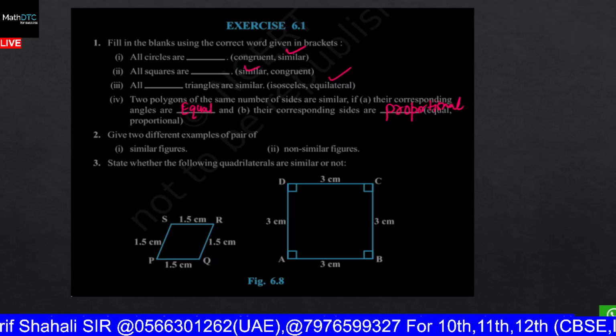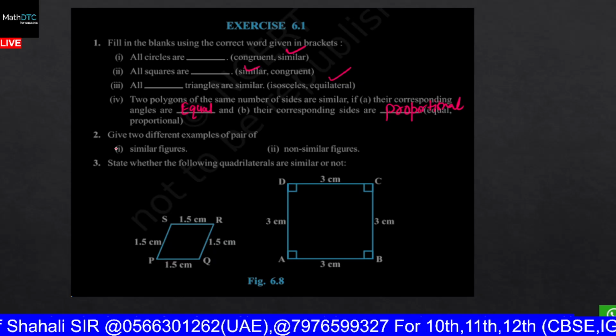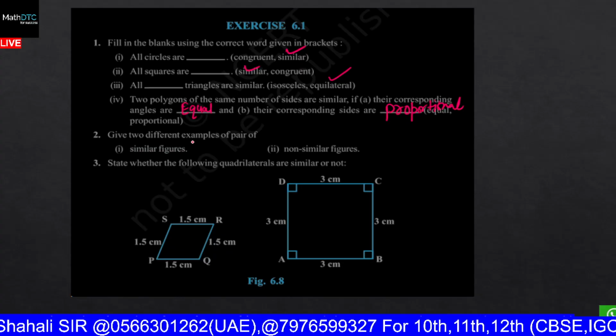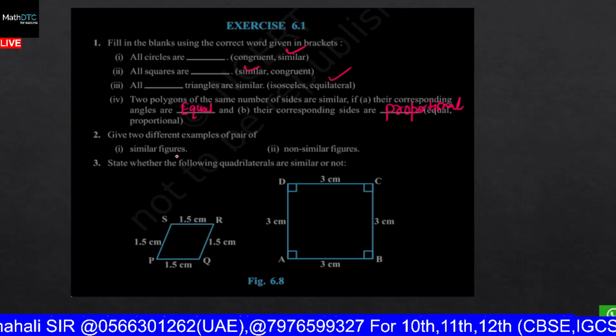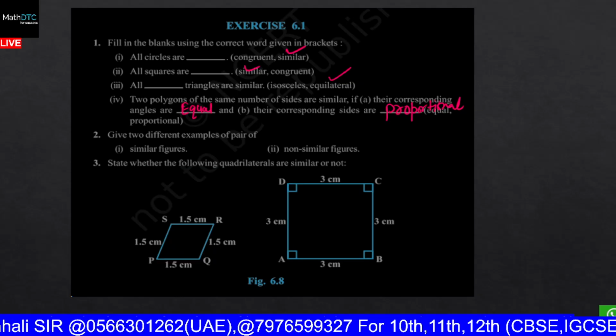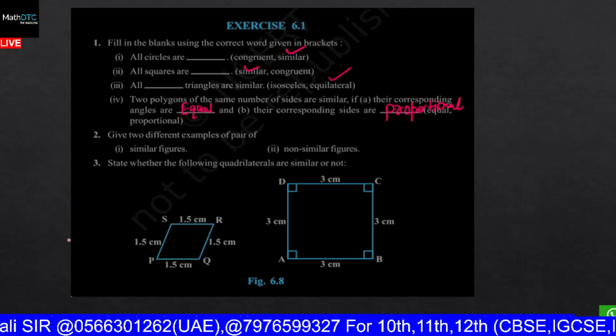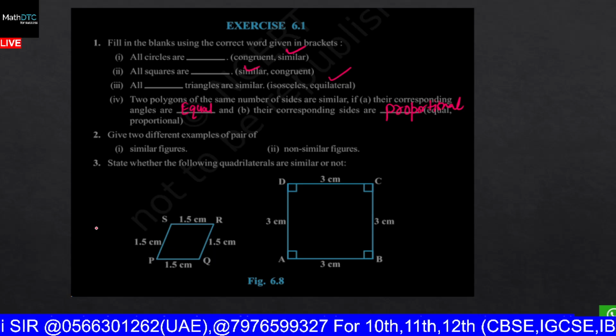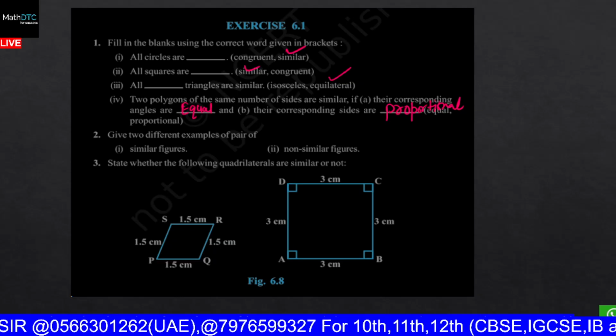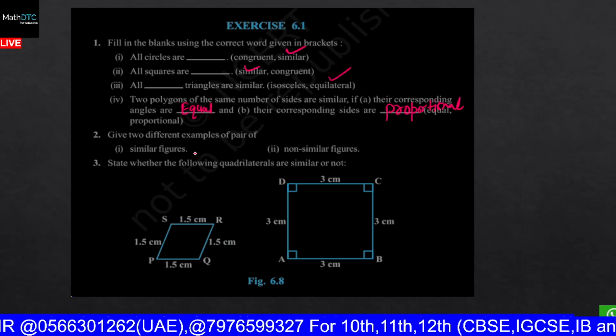The next question: give two different examples of pairs of similar figures. We can say all squares, and all circles.